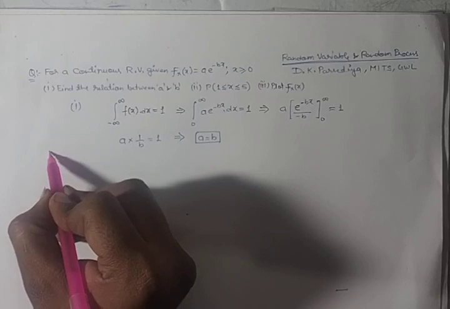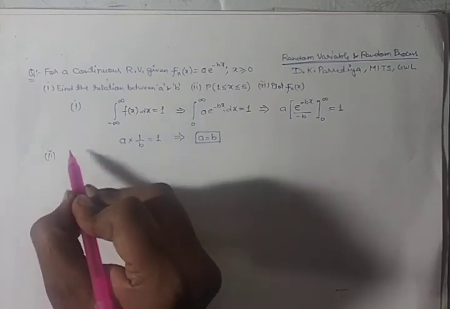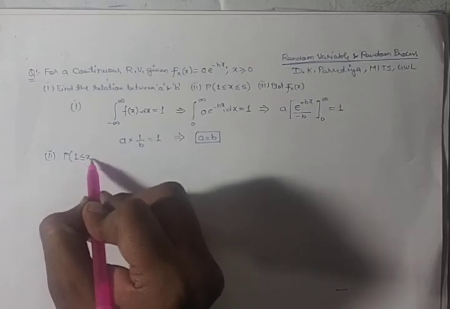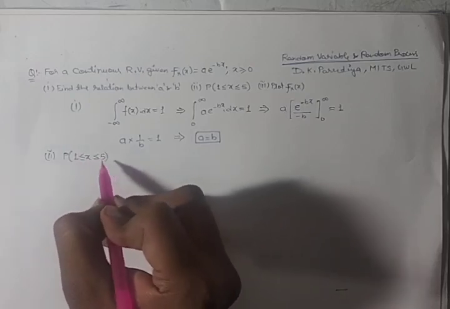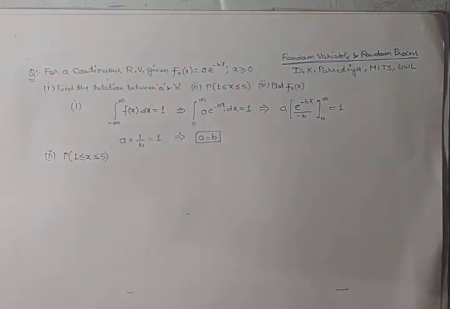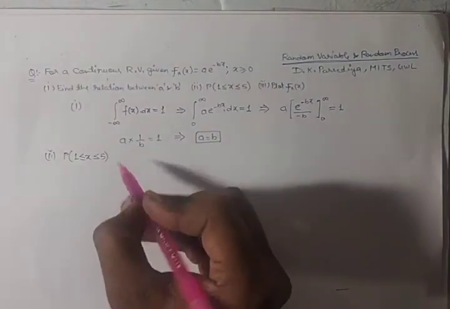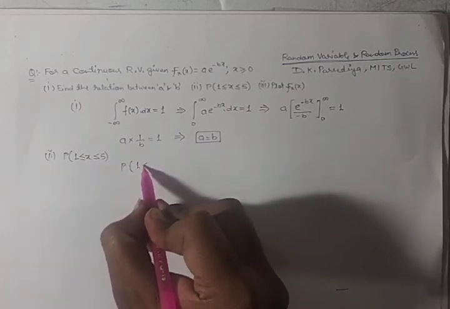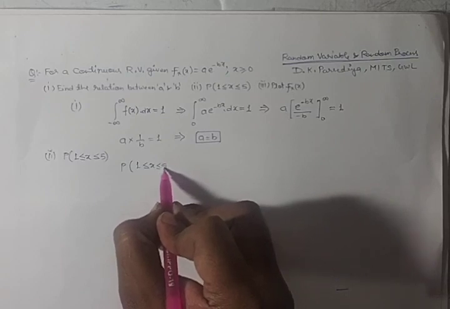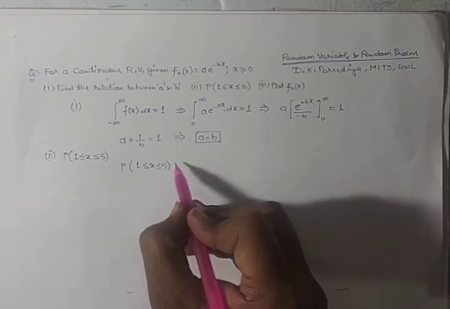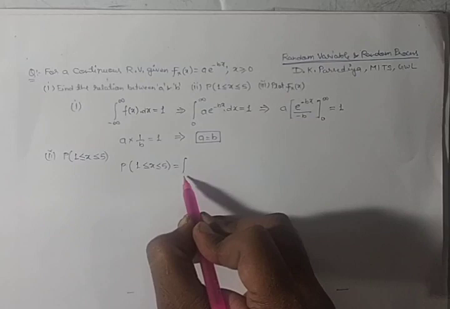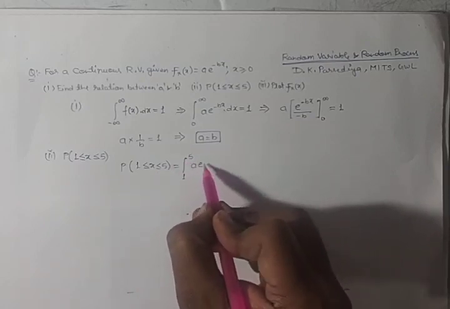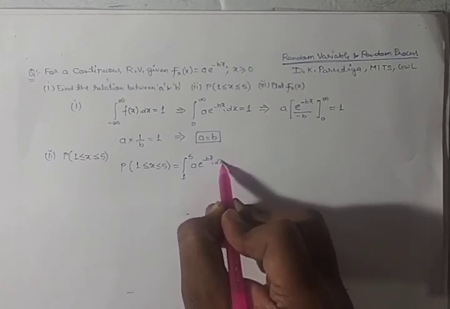Now our second question is, we have to determine the probability that the random variable lies between 1 and 5. So that can be written as the probability, from 1 to 5, lower limit is 1, upper is 5, of a e to the power minus bx dx.